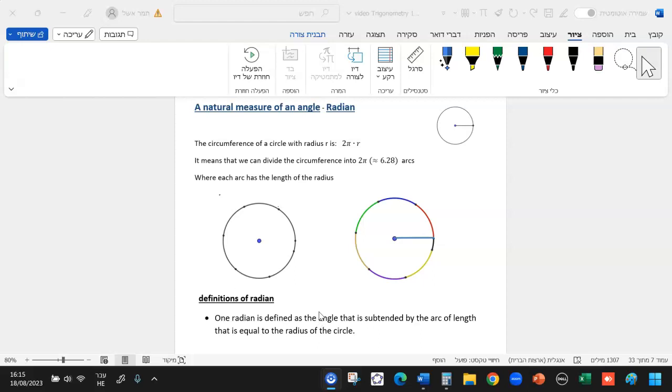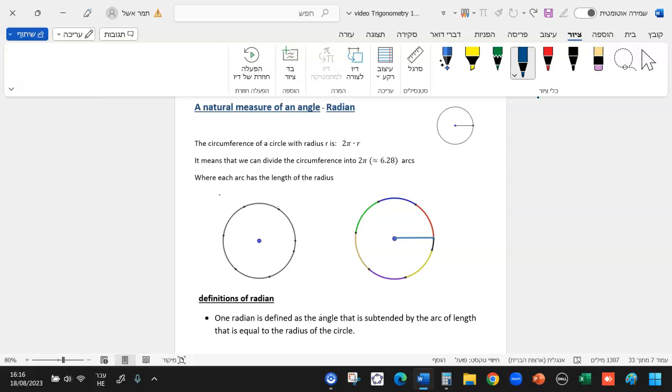Coming to define a radian, we will look at the circumference of a circle. We know that the circumference is equal to 2 pi r, that is 2 pi times the radius of the circle. 2 pi is around 6.28, and you can see on this drawing the circumference of a circle divided into 2 pi r.